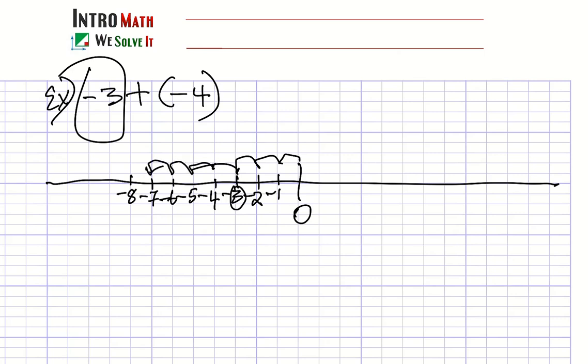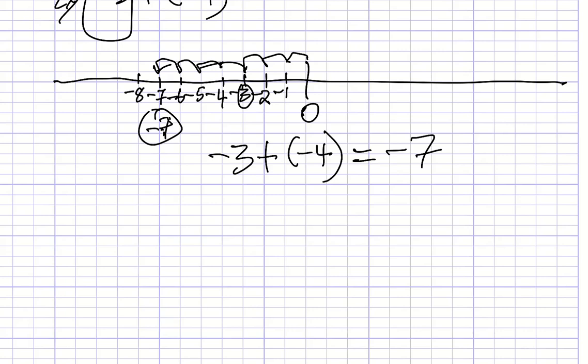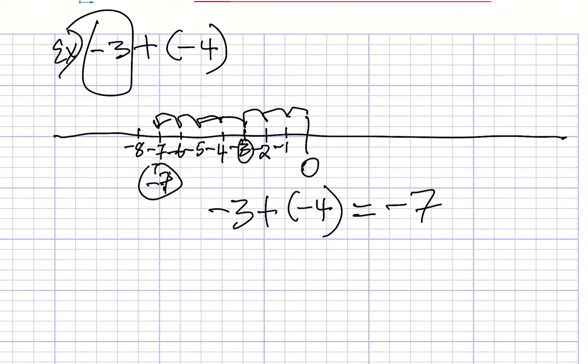See, it will land on -7. So that means -3 plus -4 is equal to -7. That's how you demonstrate that.